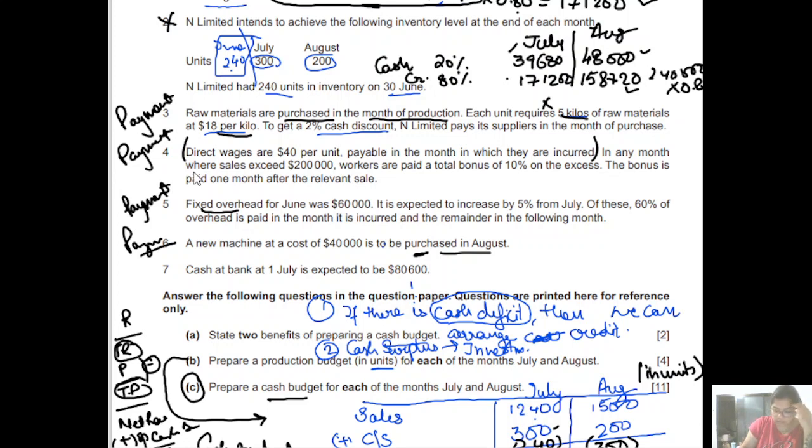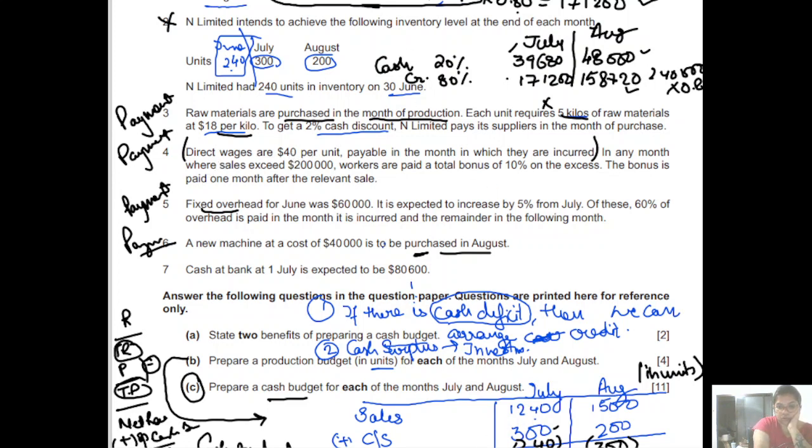Whatever unit the labor produces in the month, they get wages in that month only. Okay, so now in the fourth point, direct wages is 40 per unit.